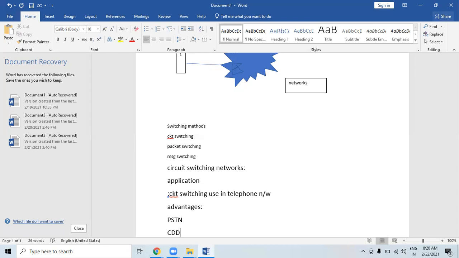Okay, so message switching does not establish a dedicated path between two communicating devices. In message switching, each message is treated as an independent unit and includes its own destination and source address. The complete message is then transmitted from device to device through the intermediate networks. Each intermediate device receives the message, stores it until the next device is ready to receive it, and then forwards it to the next device.